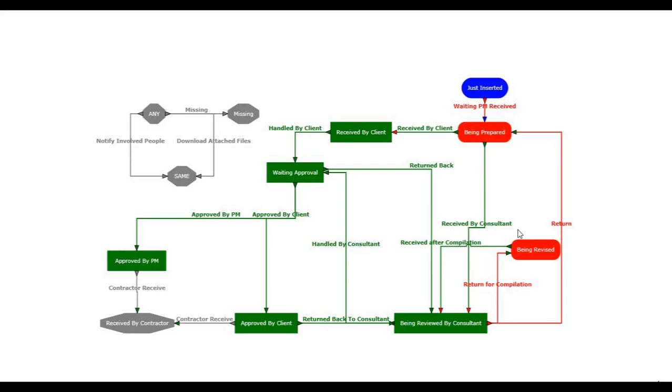So we designed in Prosper all these networks, and you design them in a graphical user interface, and once you say save, that's the whole thing you need to do. You design the statuses, you design the paths, you say what happens on every path, and the system will color it depending on the status type, because we have four different status types: the red, the green, the blue, and the gray. And these are common to all documents in Prosper. Thank you.